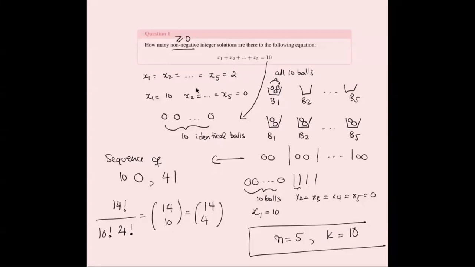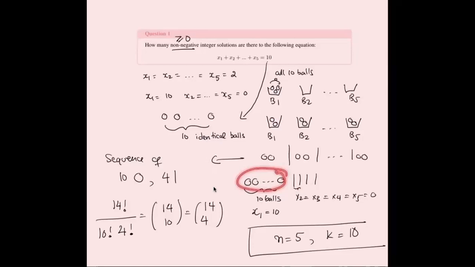Sorry, why would n be 14 here? Just where does the 14 come from? Because you're trying to arrange this sequence, right? And this sequence is the same as this sequence, where you have 10 balls.